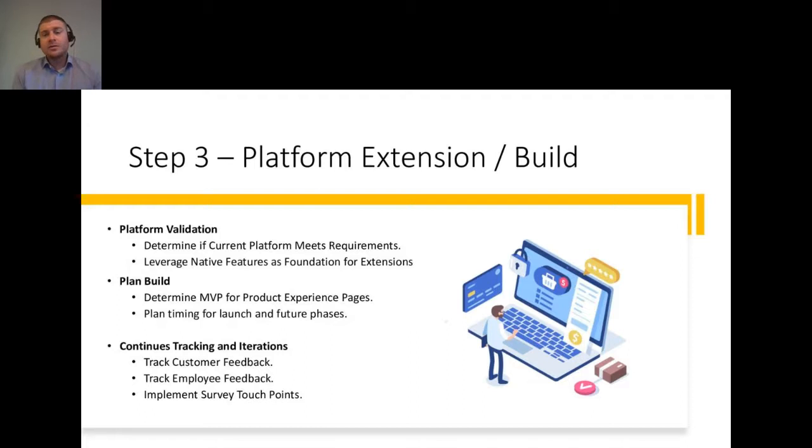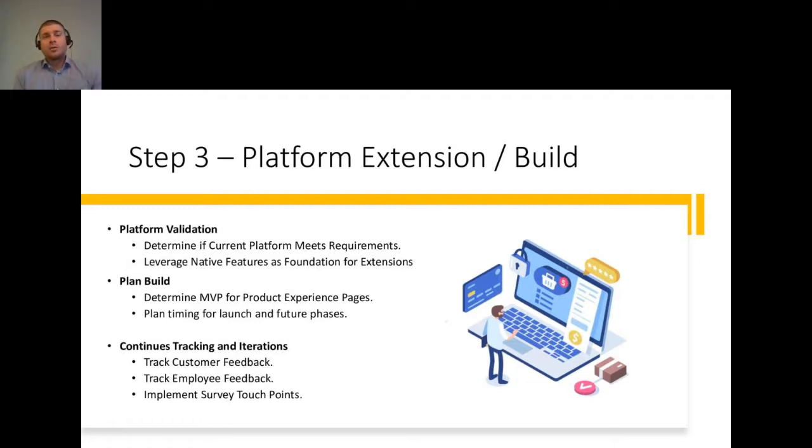So determine what the MVP should be for each of these product experience pages. Based upon what the data told you and what your customers told you, how can you put something out there in an MVP type format that's going to hit most of what your customers' needs are, right? And how does that timing and planning work for the future phases?